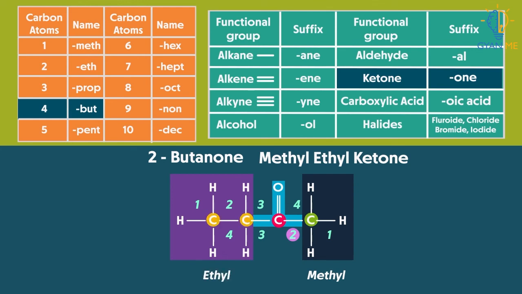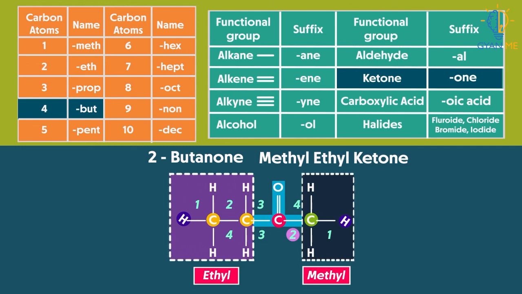You already know that the names of alkyl groups are derived from their corresponding alkanes, as they are formed from them after one hydrogen is removed. So 1 H is removed from methane and ethane, and the respective methyl and ethyl groups are formed. And they are now bonded to the ketonic functional group on either side like this. As a result, the name will be ethyl methyl ketone.